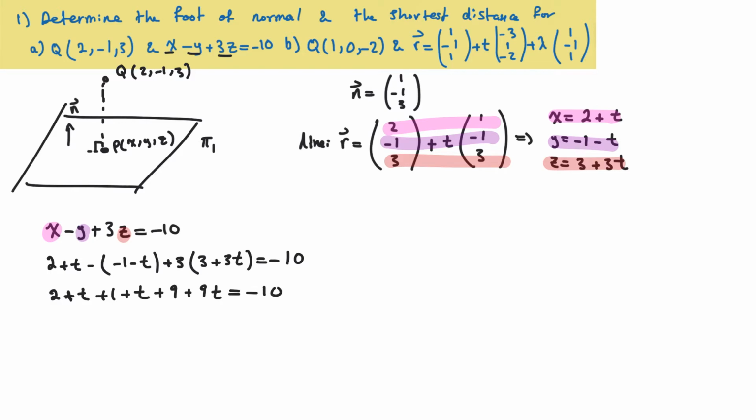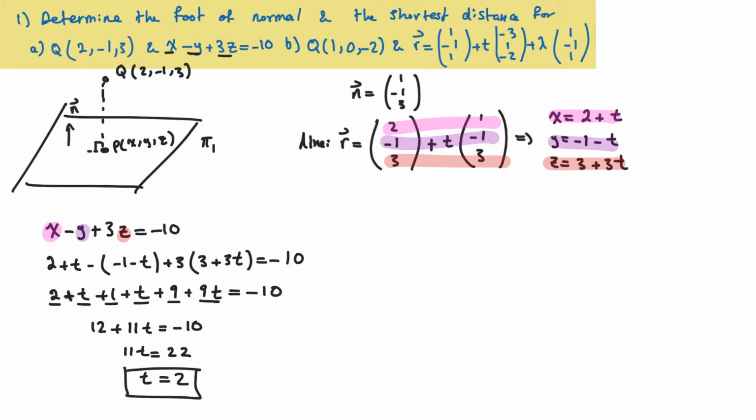That's equal to negative 10. 2 plus 1 plus 9 is 12, plus t plus t plus 9t, that's 11t, equal to negative 10. If I rearrange this, I get 11t is equal to negative 22, and t is equal to negative 2.